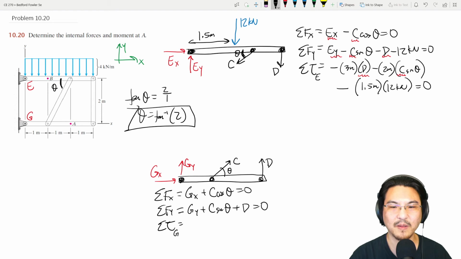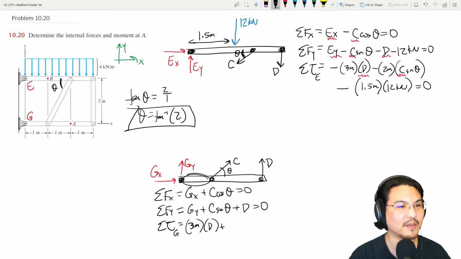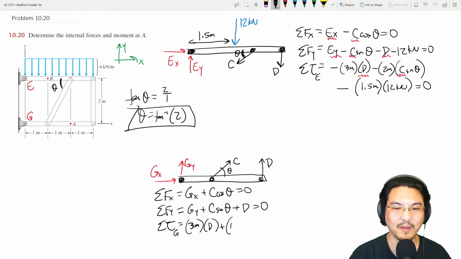Okay, so torque from that would be positive 3 meters D, and then plus here to here is 1 meter. And then only this component of C provides torque about this point. Sine, and let's see, that's pretty much it. Okay, let me point out the unknowns here, here, here.